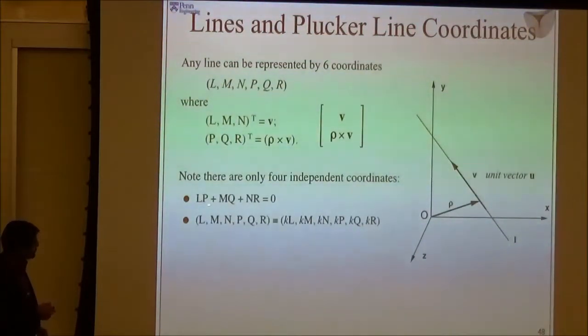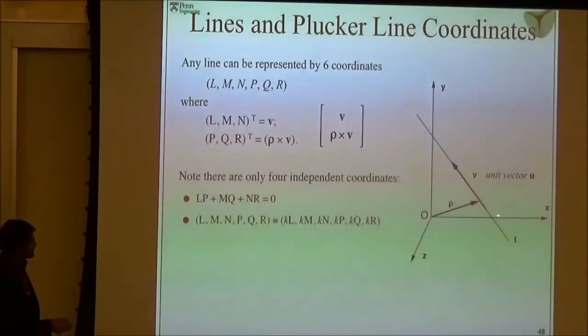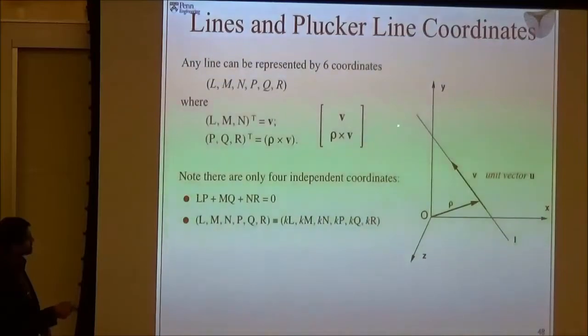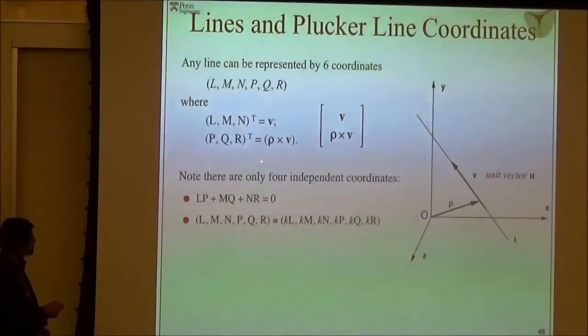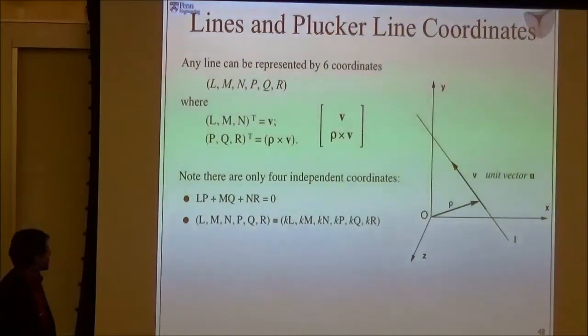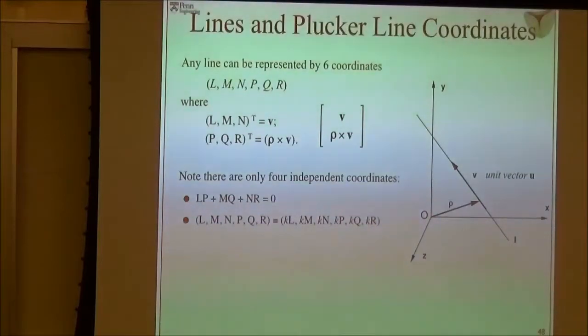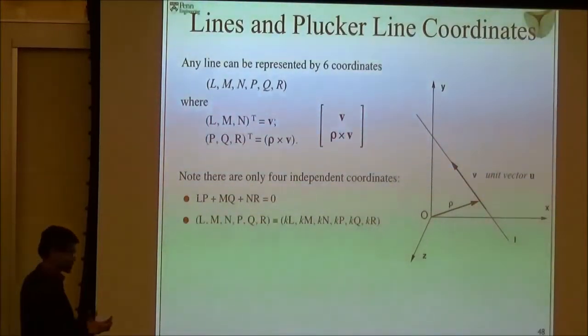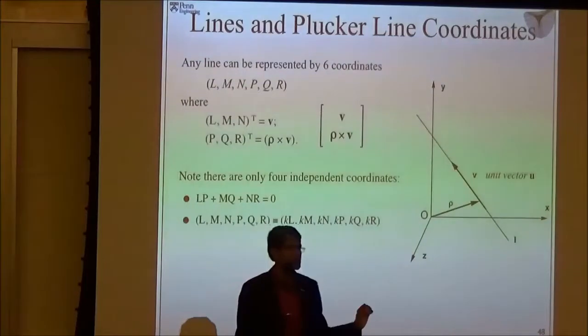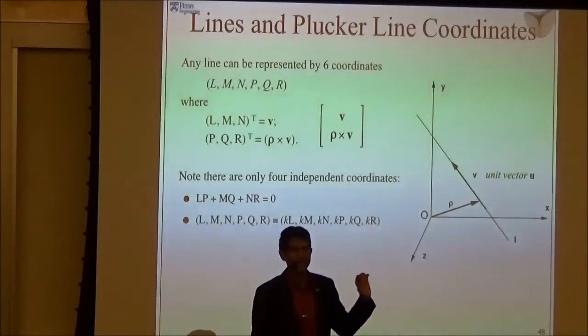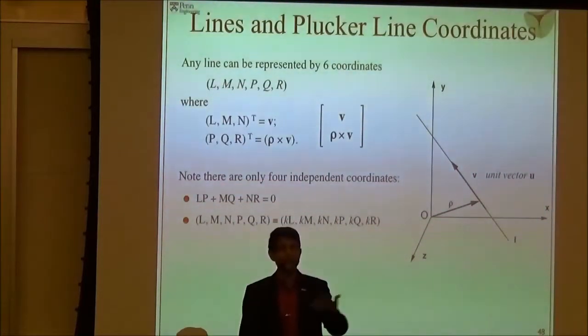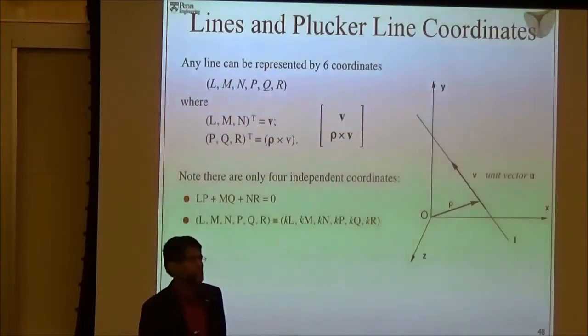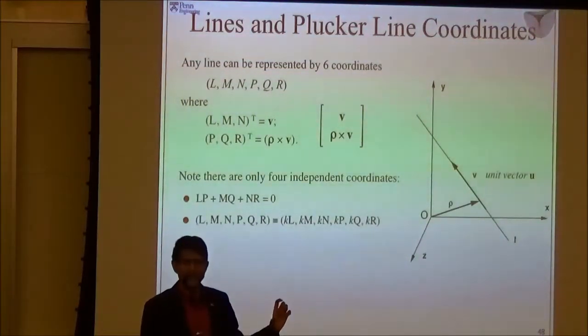So you have this quadratic identity, which is LP plus MQ plus NR equal to 0, because in one case you're representing the vector along the line, and in the other case you're representing the moment of that vector about O. The reason this representation is interesting is because it also lends itself to representing pure forces and pure angular velocities. So if you think about representing a pure force, what is it that you want to capture? You want to capture the magnitude, of course.